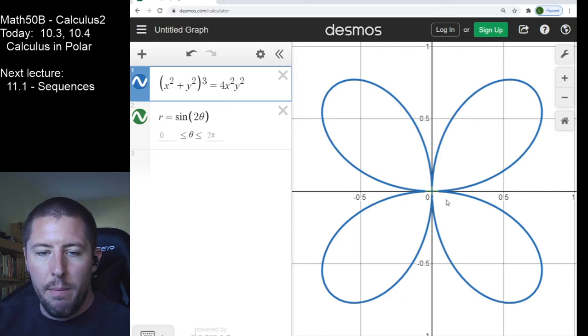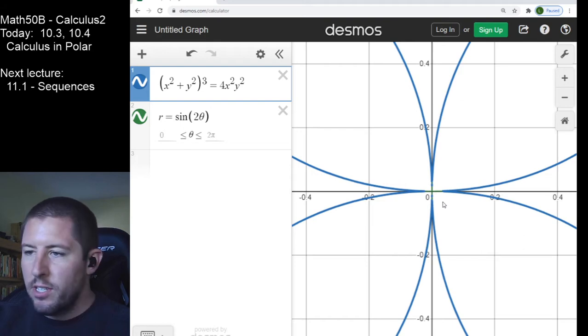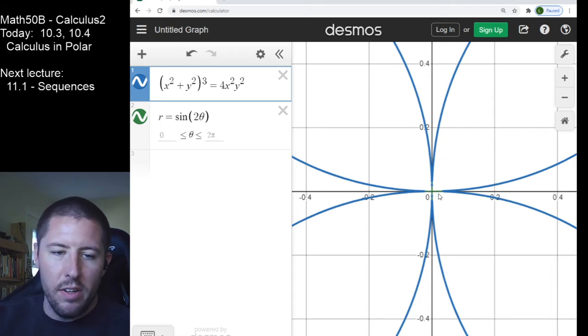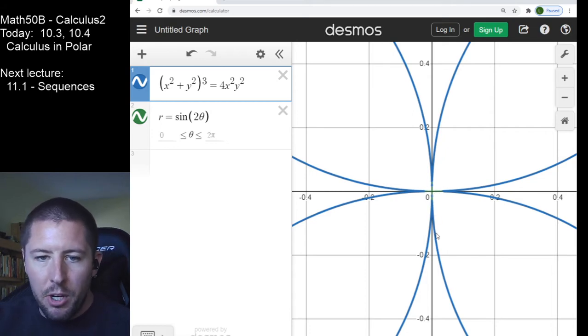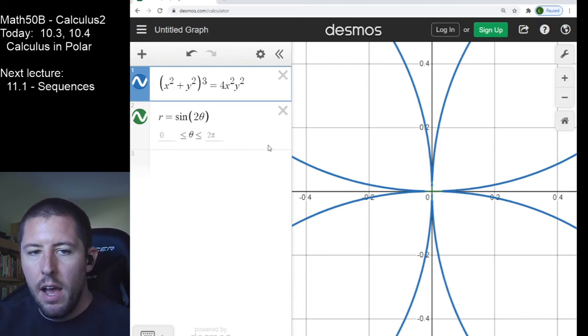One thing I'd like to point out, by the way, maybe you can see this at the center right here. You should notice that the x and y equation is struggling a little bit to finish the graph. The blue graph here is struggling to go all the way to the origin. I know this is tough to see on your end probably, but the green graph is having no problem following these lines all the way into the origin, whereas the blue one's kind of making some V's out here.